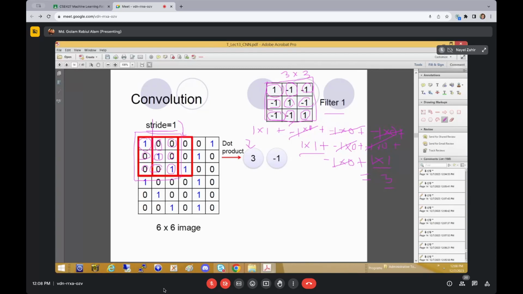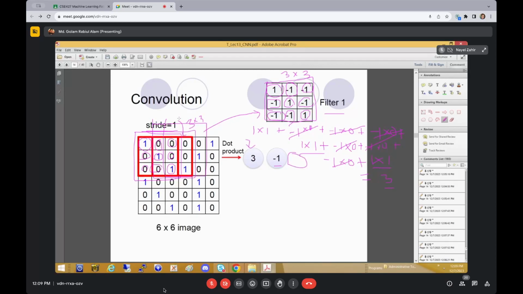After that, again we need to form the patch. So this time this is our patch, 3 by 3. And again we apply the operation with our filter, the edge detector. Then we perform the convolution operation here, and we will get negative one. In this way, after shifting one bit each time, we get the next patch, and for that we get one value here.